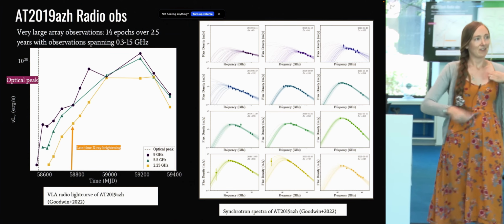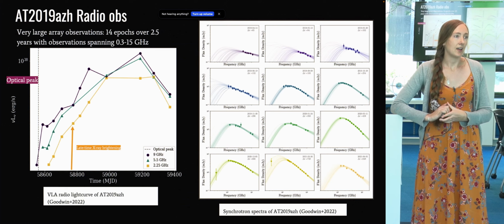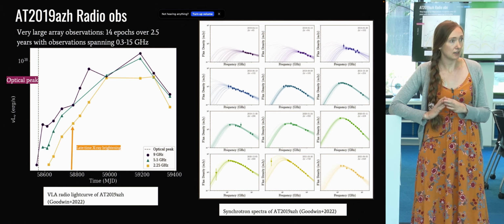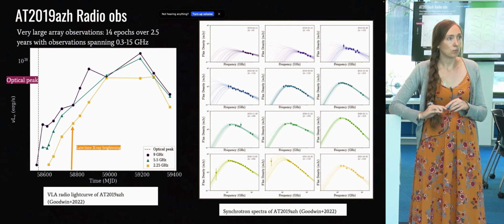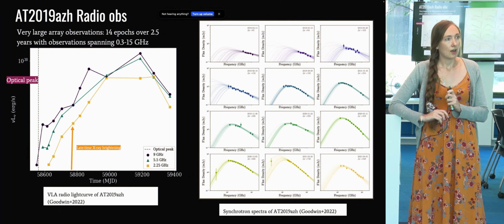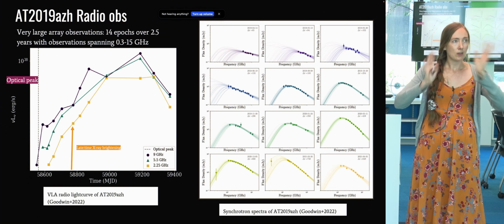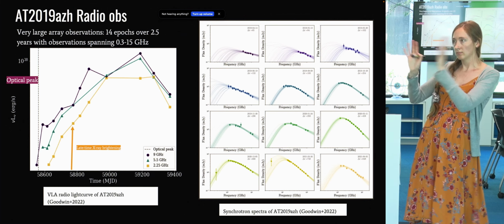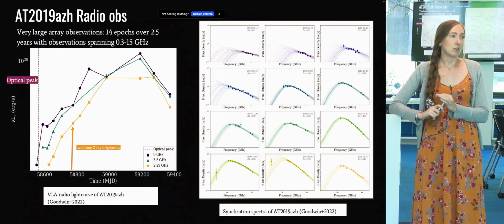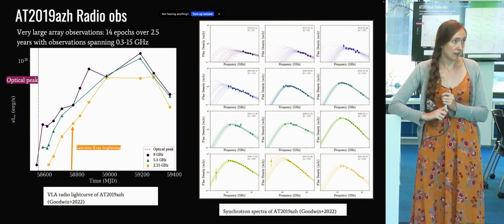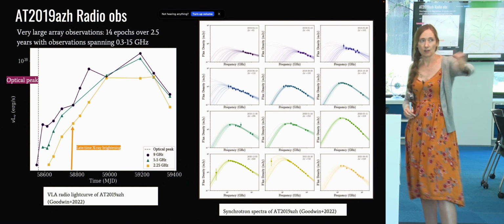So this is, again, my favorite TDE, AT2018hyz. The left-hand side is a light curve, and the right-hand side are the spectra over 2.5 years. So this is how the spectra evolved and what the slopes looked like. The light curve we can kind of ignore now, but looking at these spectra, knowing what we know about characteristic break frequencies and the power law slopes, we can then say something about whether or not this looks like synchrotron self-absorption, and if it does, we can constrain the properties of the event, and that's exactly what I did with these fits.